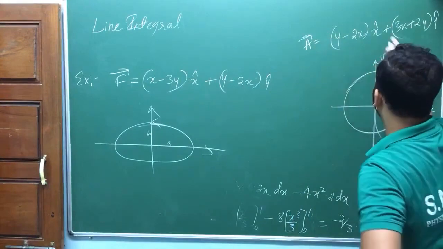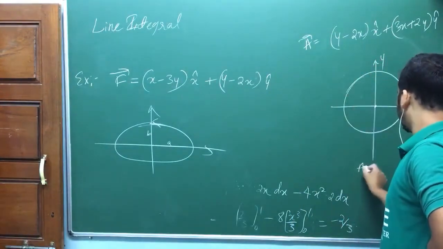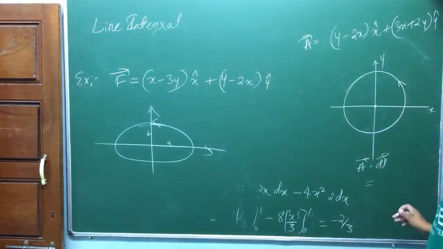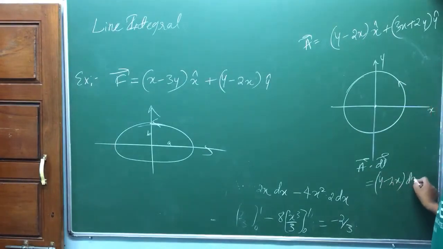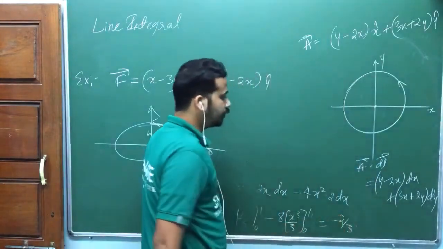You need to find the circulation here. You will end up with A bar dot dl bar. What is this? It will be (y minus 2x) dx plus (3x plus 2y) dy, isn't it? Then you need to do integration.